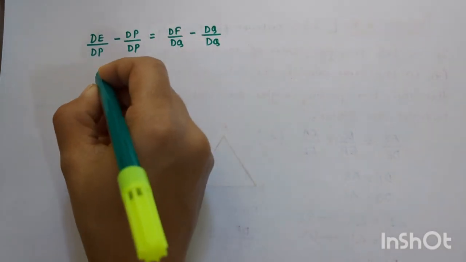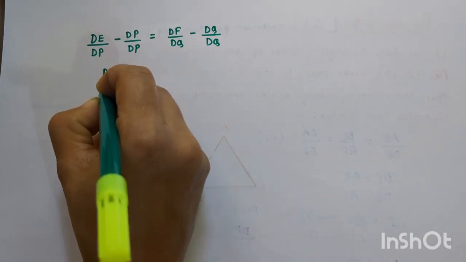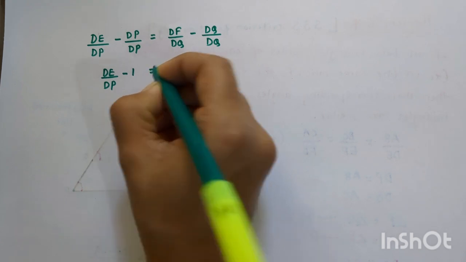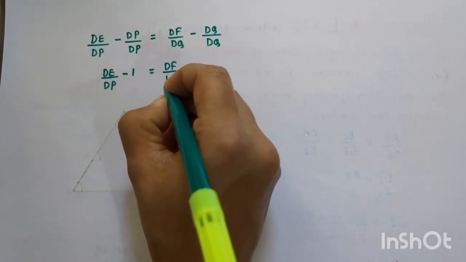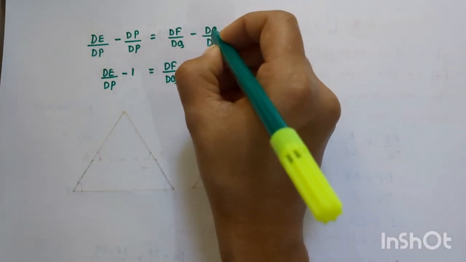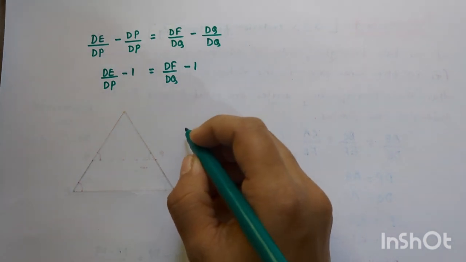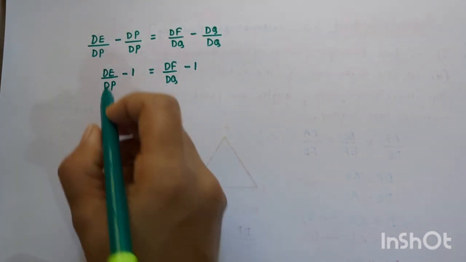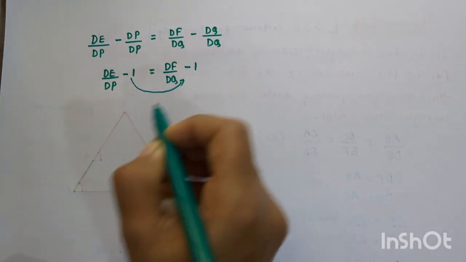Now, this can be written as dE divided by dP minus dP by dP, which is 1, is equal to dF divided by dQ minus dQ by dQ, which is equal to 1. Now I am just taking this minus 1 to this side, it becomes plus 1.